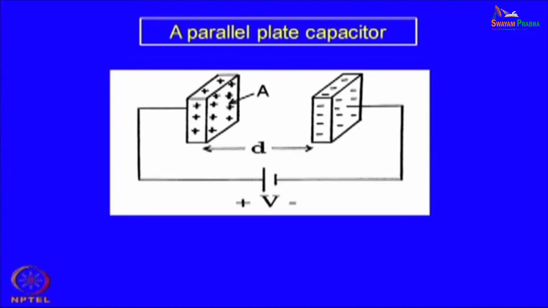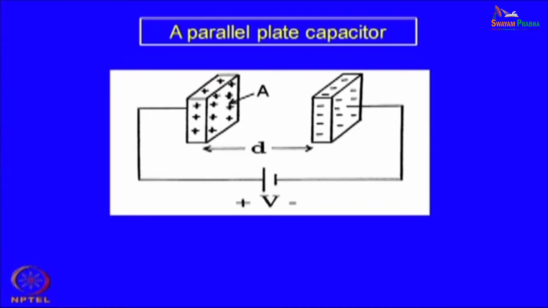Even air is a fairly good insulator. So, if between the two metals there is an insulator, that can be called a capacitor, and we have some important parameters of this device as well as the materials. So, here is an example of what we call a parallel plate capacitor.